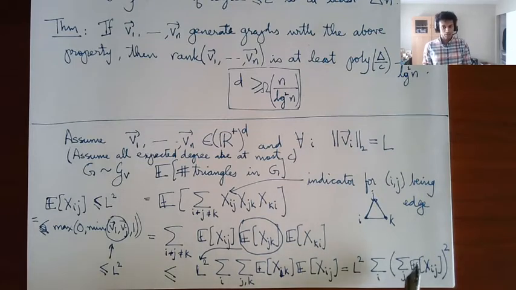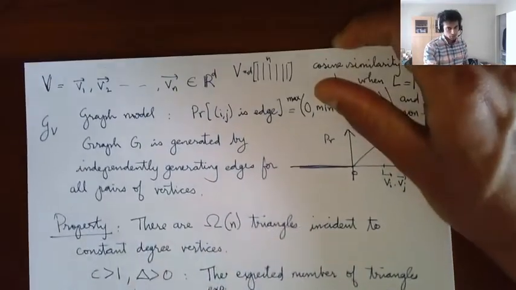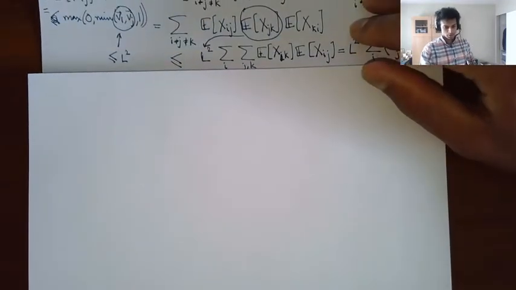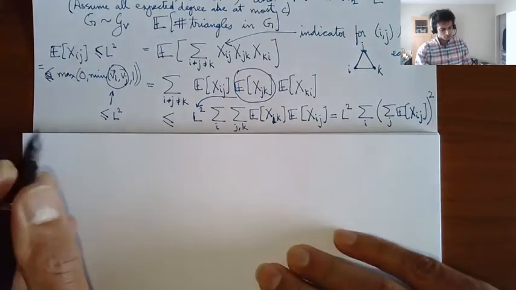Okay, so what is this quantity here? This is exactly the expected degree of the vertex. Right? This is exactly the expected degree of the vertex. So let me move this and show you what's going on there. I'm just going to rewrite that expression down over here.